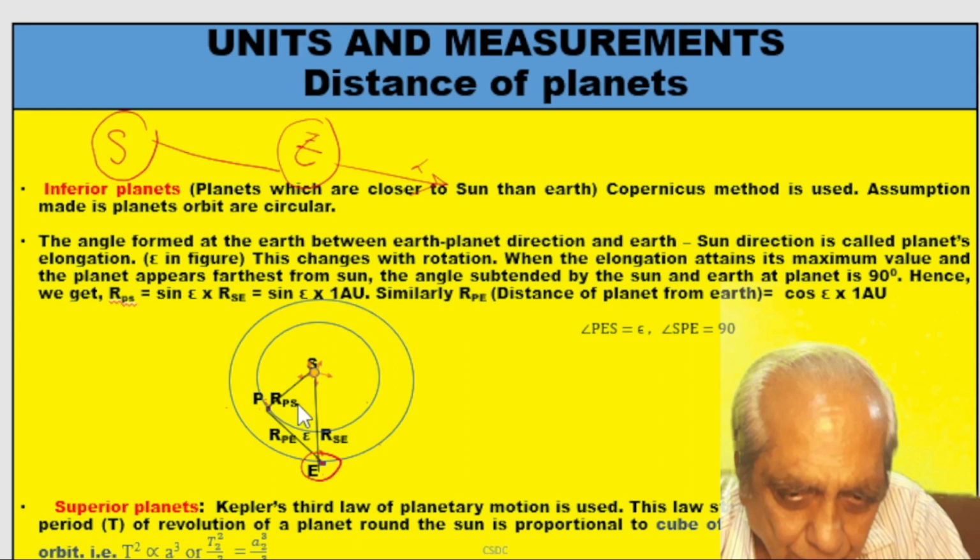In case my PE happens to be perpendicular to PS, or you can say PE becomes tangent to the orbit of the planet, then this angle PES, which I have written here as epsilon, is called the angle of elongation.